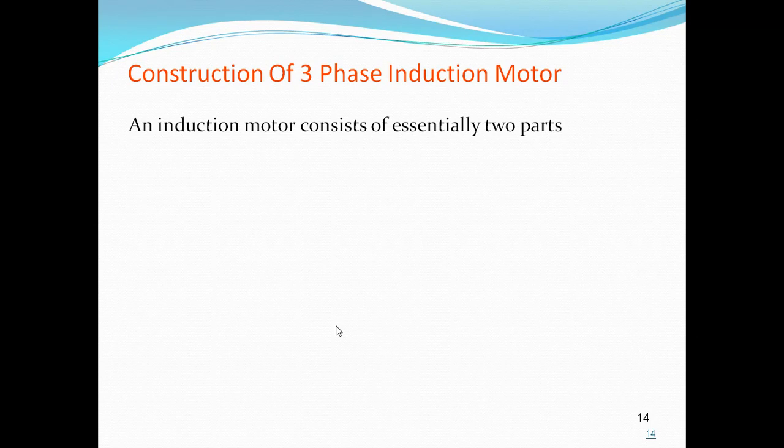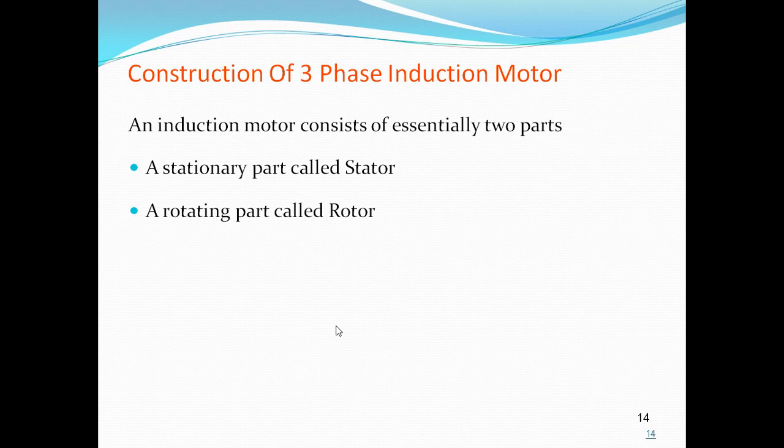So if you see the construction, a three-phase induction motor essentially consists of two parts, that is stator and rotor. The stationary part is called the stator and the rotating part is called the rotor.